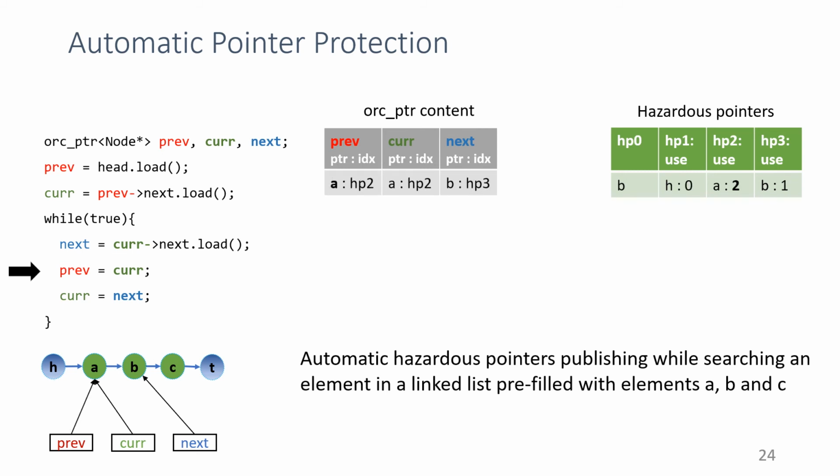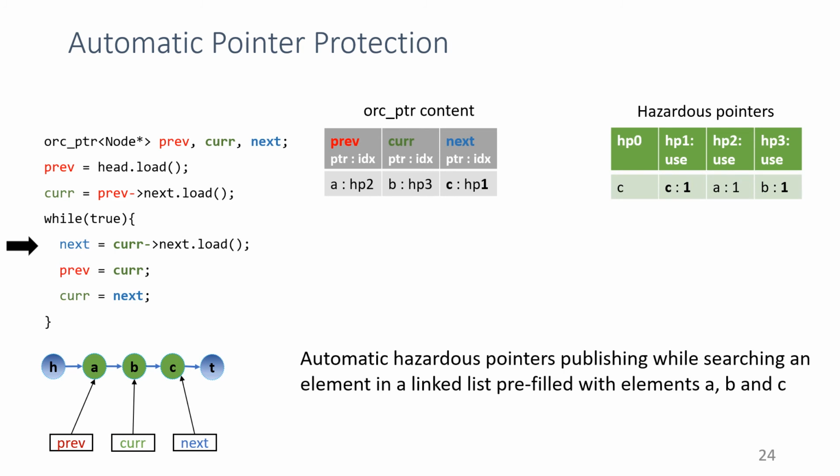Now cur must be copied to prev, but it is placed to its right, so it cannot copy A to the left, so it must increase the use on HP2. The same will happen for B. It must increase B, so HP3 to 2.